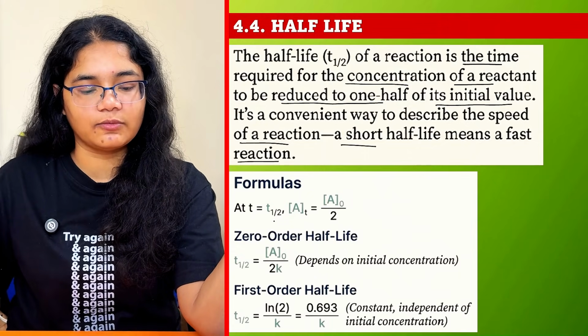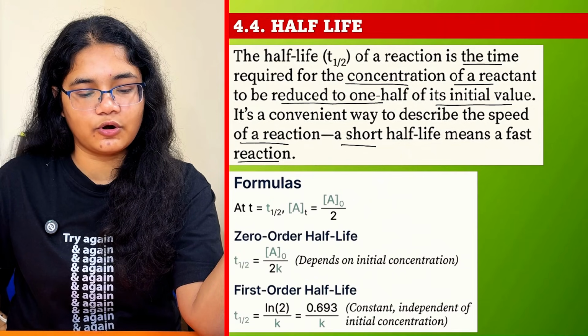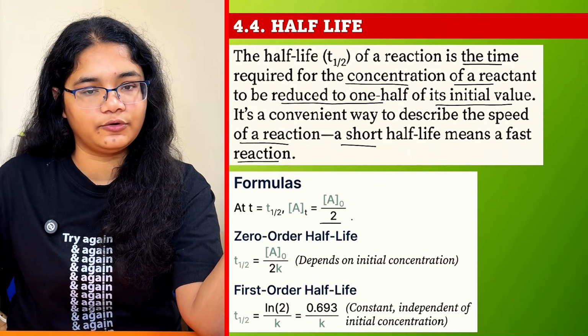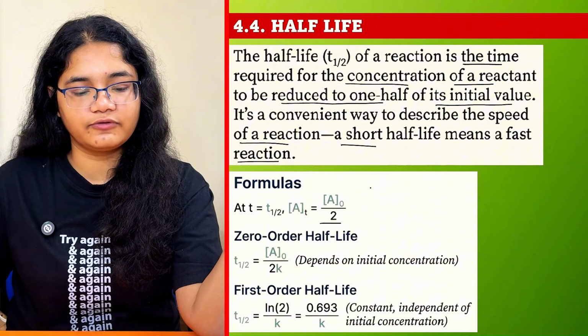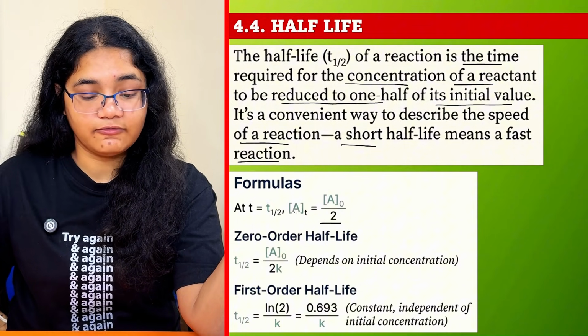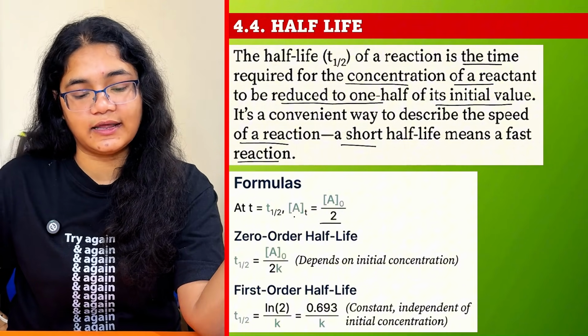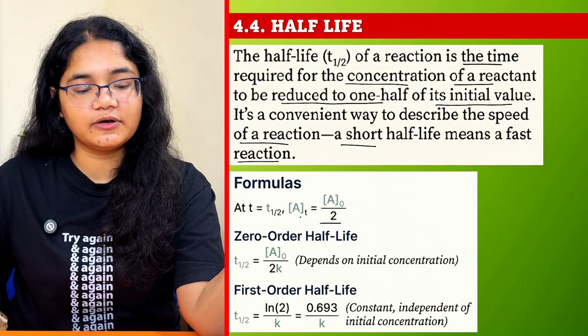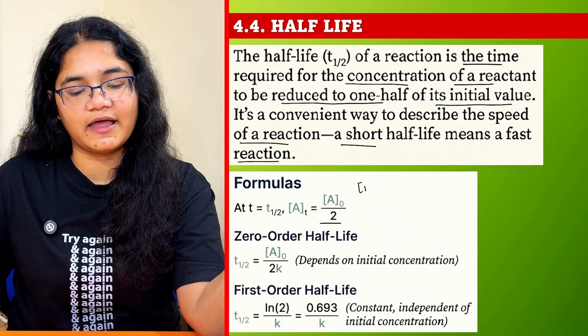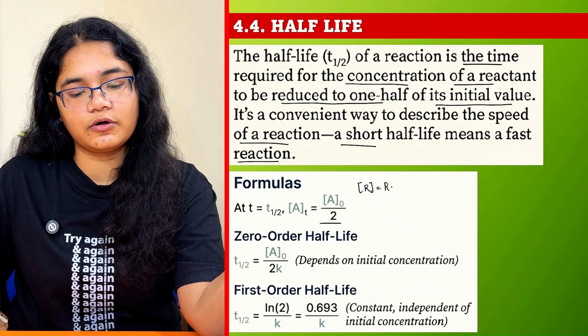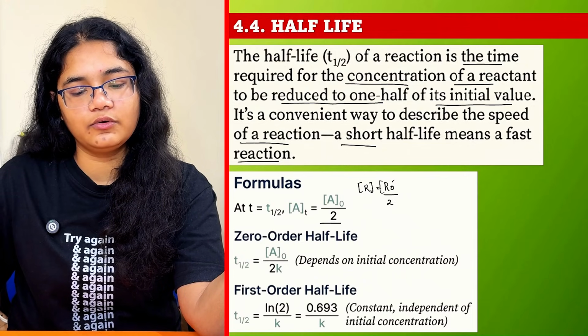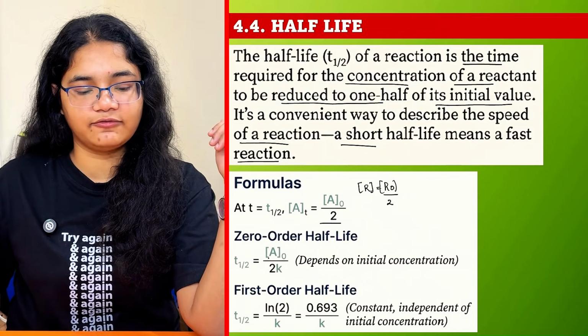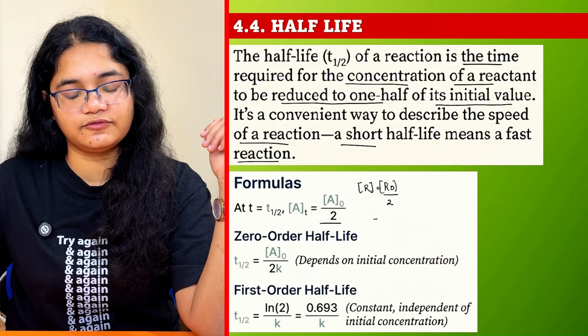Now let us see the formulas of half-life. For zeroth order reaction, the formula is A0 by 2K. Let me derive it and show you. For a zeroth order reaction or any order reaction, you can calculate the half-life. You have to remember that A will be equal to A0 by 2. What was the integrated equation for zeroth order?